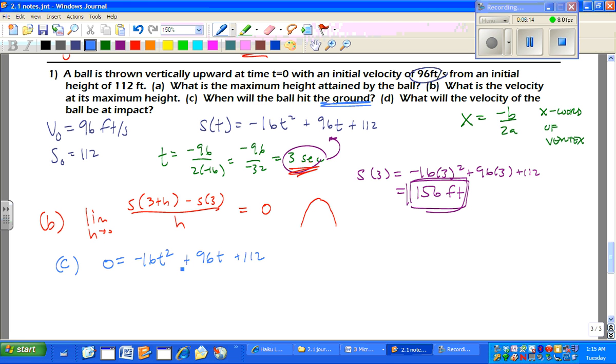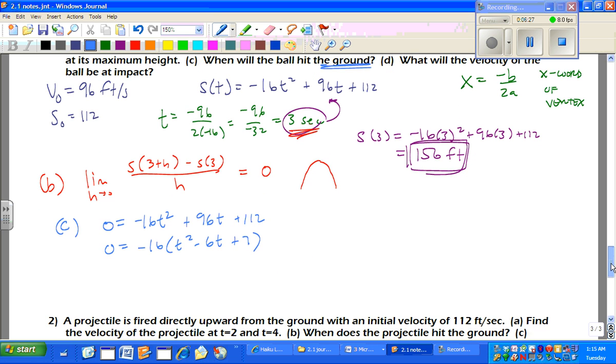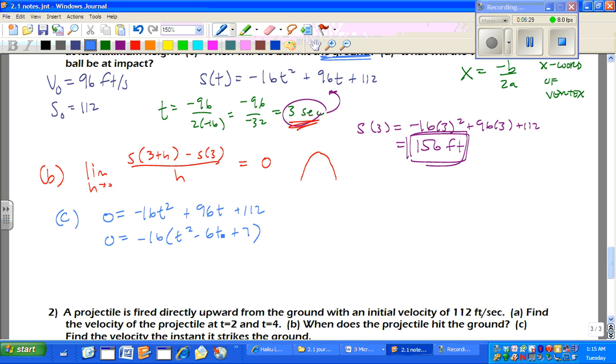And seeing big numbers, you might think, oh, we got to use the quadratic formula. It's not going to factor nice, but we can actually factor out a negative 16. And then we can factor this trinomial into two binomials. So we get t minus 7 times t plus 1.